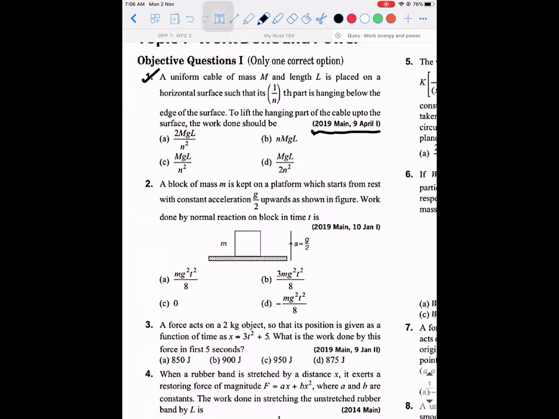A uniform cable of mass m and length L is placed on a horizontal surface such that 1 by nth part is hanging below the edge of the surface. To lift the hanging part of the cable up to the surface, the work that needs to be done is.